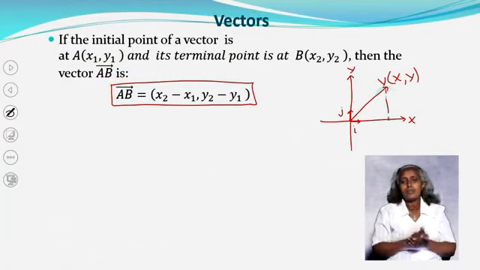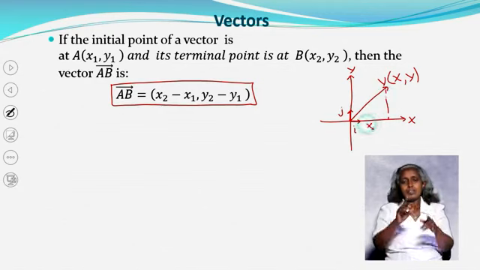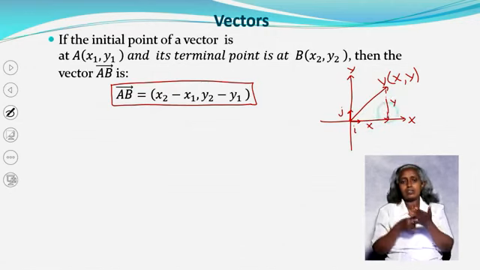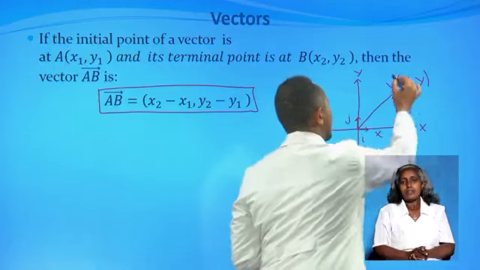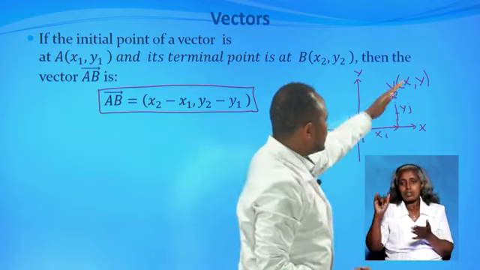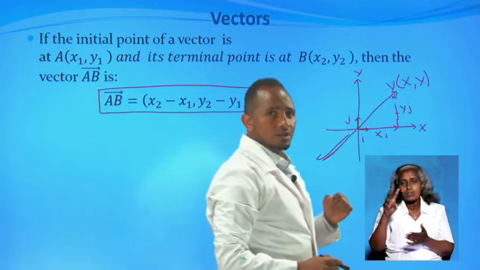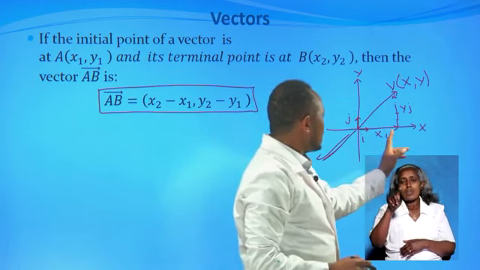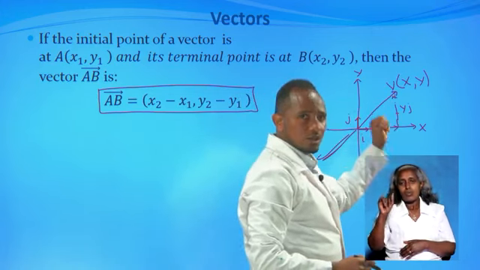To write this in unit vector representation form, look at this triangle. This distance is x, and this is y. Let's take this vector xi, and this vector is yj. Therefore, our vector v is a resultant vector, the sum of xi and yj.